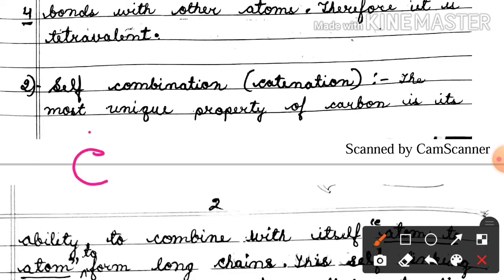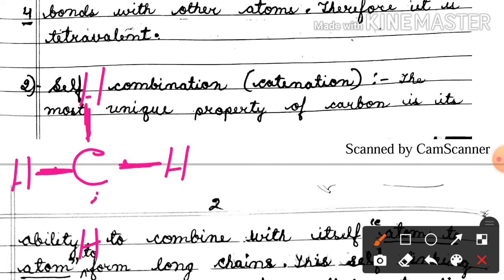Suppose this is one carbon and it has 4 electrons in the outermost shell, and 4 hydrogens are there. On one side it shares with this hydrogen, on one side with this hydrogen, on one side with this hydrogen, and on one side with this hydrogen, and it forms 4 bonds.